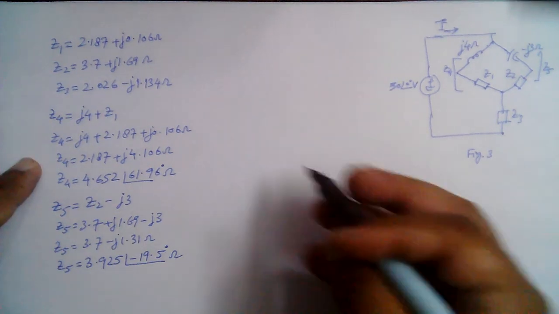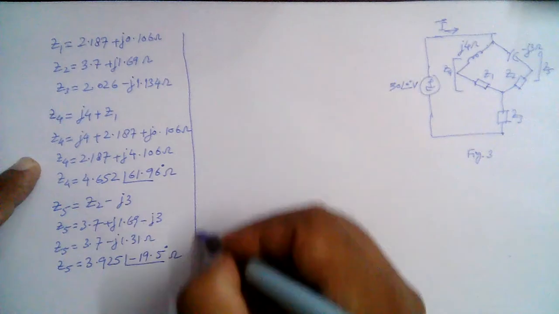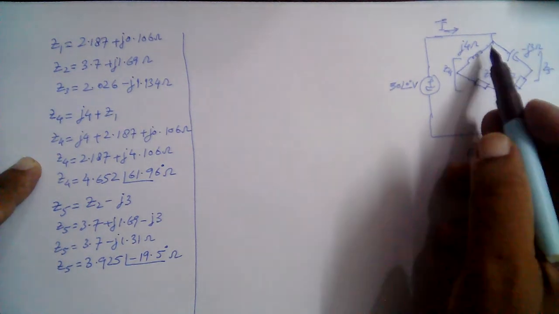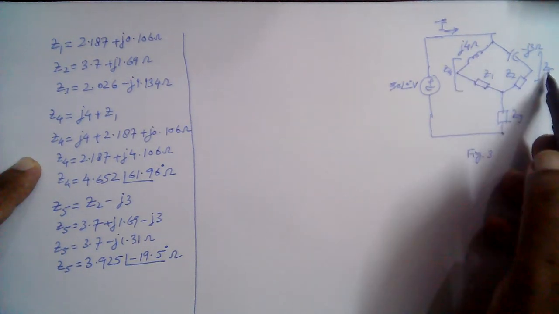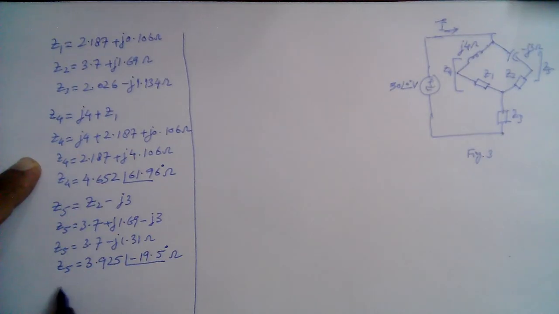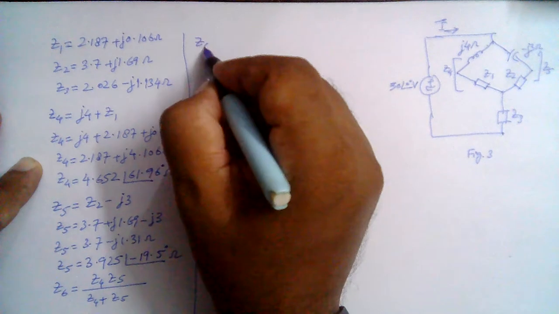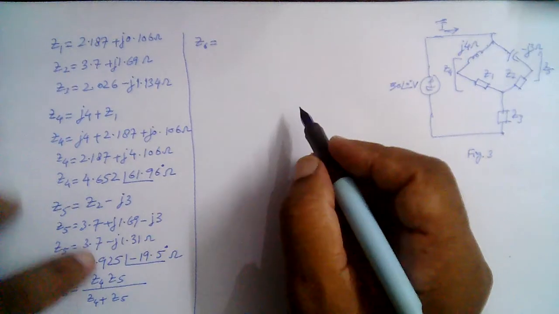So next we can determine the impedance of this parallel combination of Z4 and Z5, right? So let's call the impedance of the parallel combination to be Z6, and that is equal to Z4 Z5 divided by Z4 plus Z5. So Z6 is equal to Z4 multiplied by Z5.